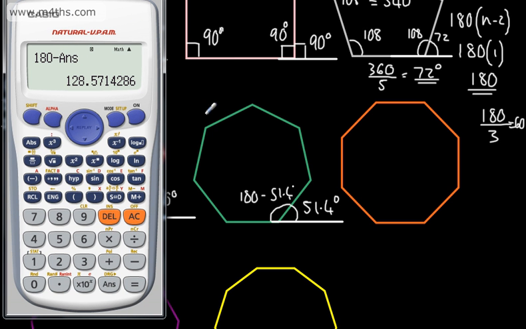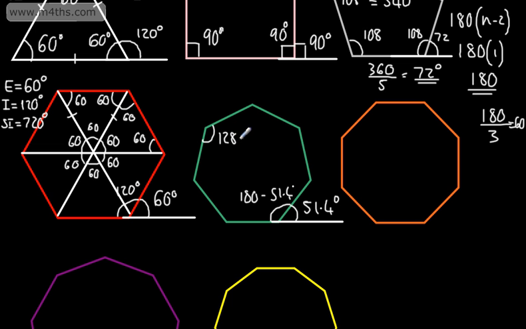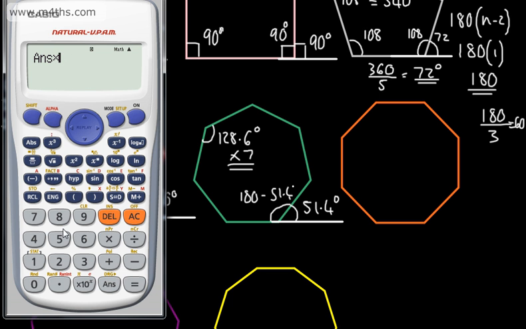Therefore, the sum of the interior angles is simply going to be 7 times this value. So each of these is 128.6 to 1 dp, and all I'm going to do is multiply that by 7. So multiplying that by 7, that is going to give me 900.